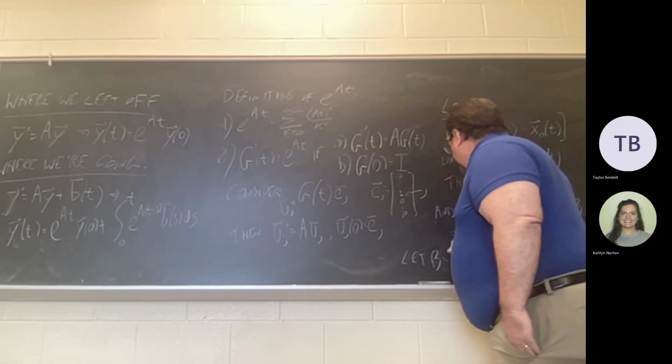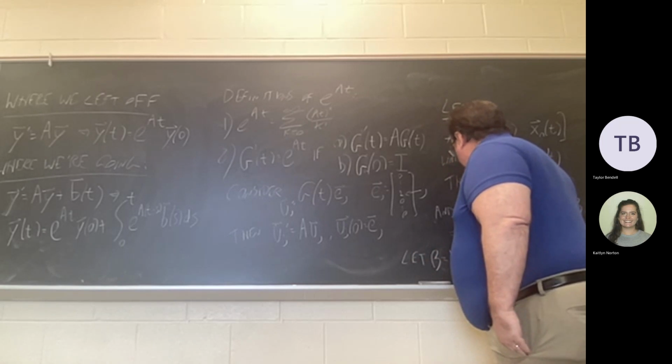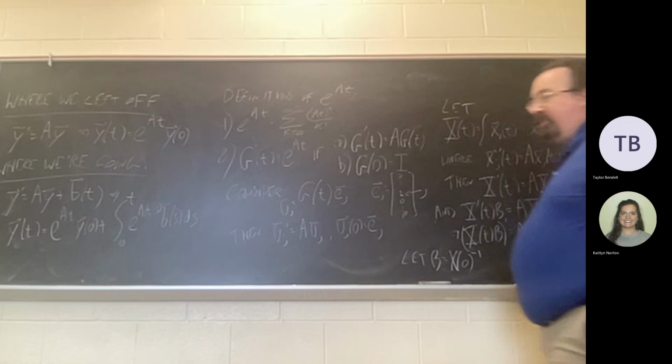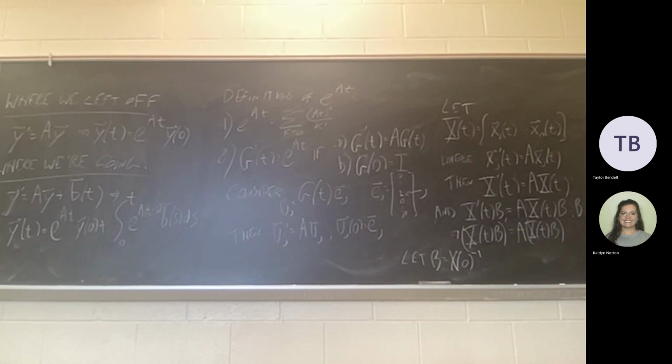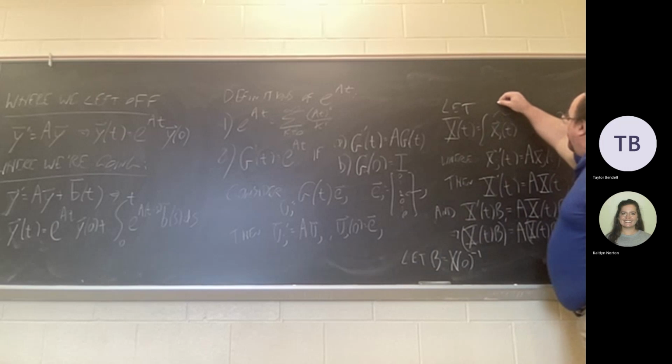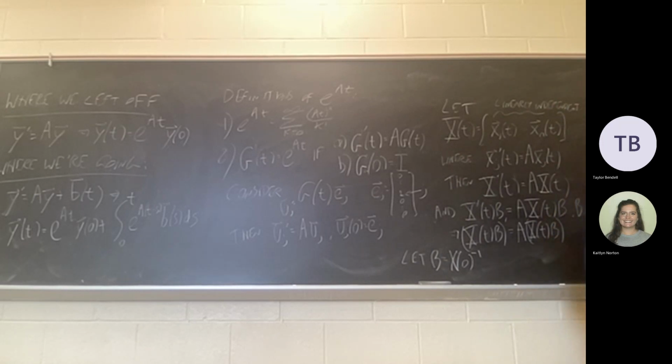Now I'm going to choose a particular B. Let B equal the inverse of X of 0, assuming it exists. What that would mean is these solutions have to be linearly independent.